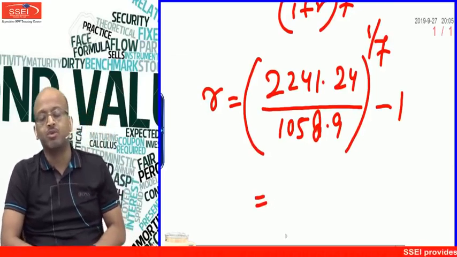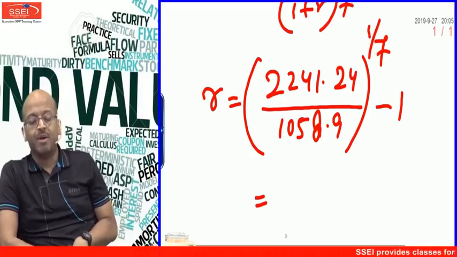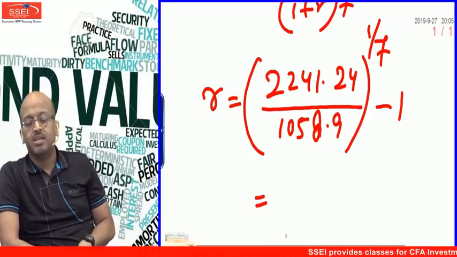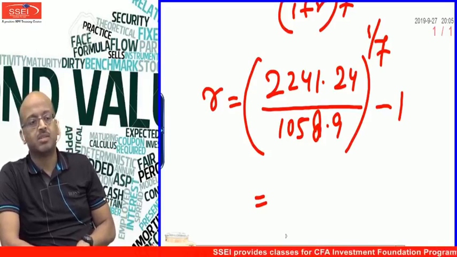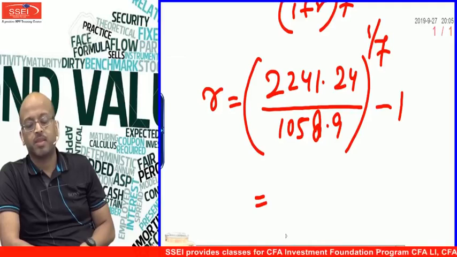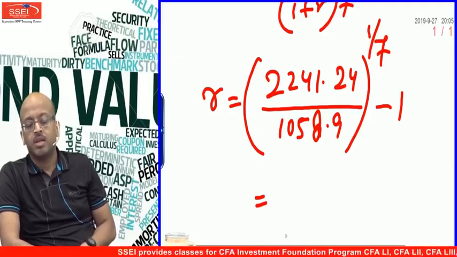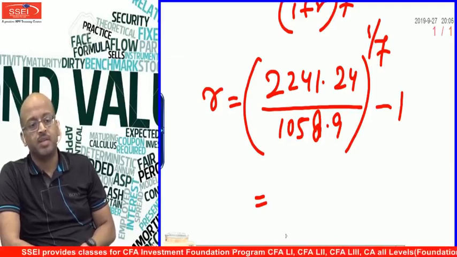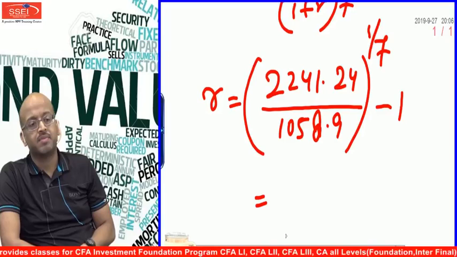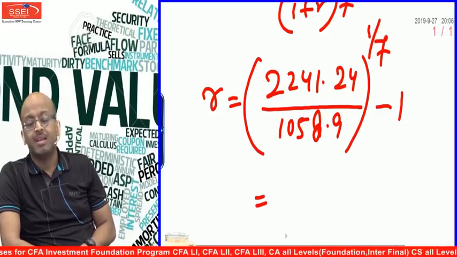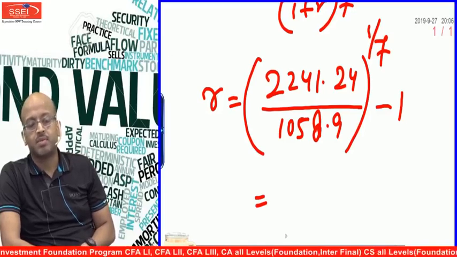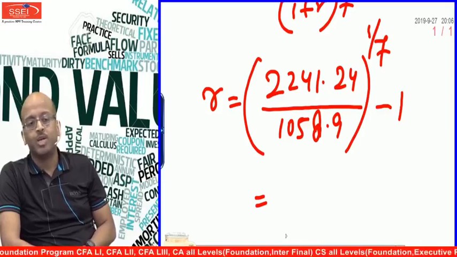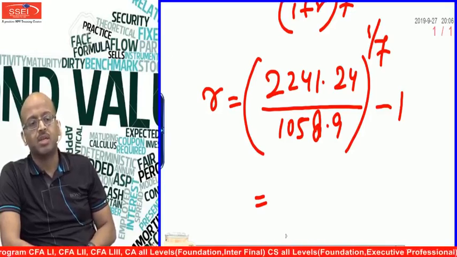On the calculator: 2241.24 divide by 1058.9, square root 12 times, then minus 1, then divide by 7, then plus 1, then into, equal to 12 times.